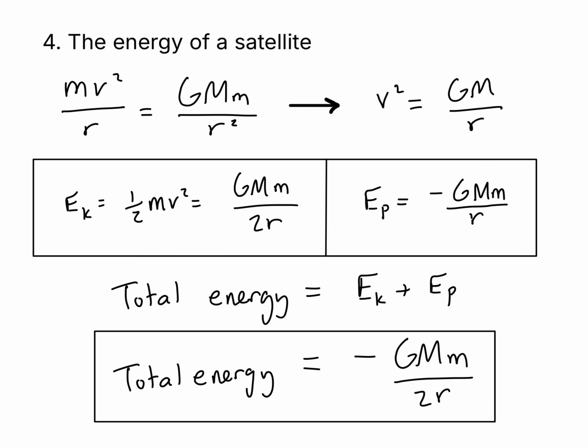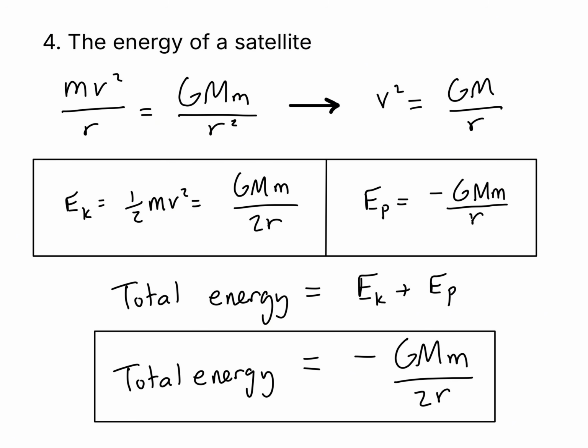The potential energy is m times the potential, which from last lesson is minus GMm over r, negative, as we established. Add them together to get the total energy, and you've got GMm over 2r minus GMm over r, and that comes out to minus GMm over 2r.